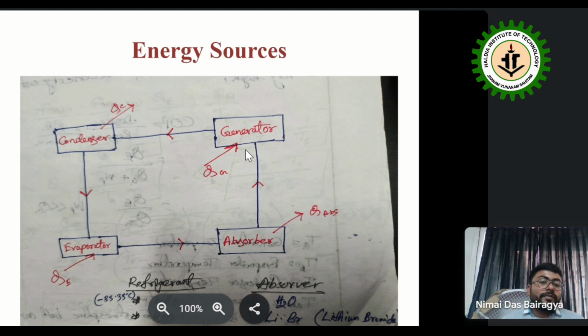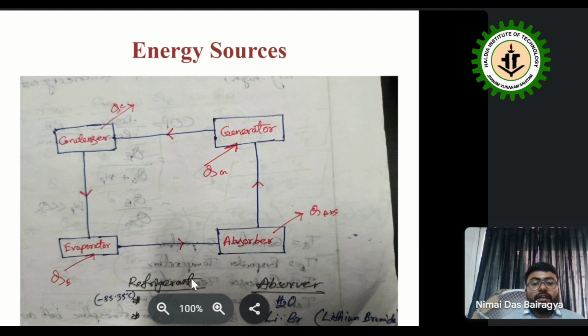We said previously that an external heat source is used to boil the solution in the generator, that's why heat is also absorbed in the generator. And the condenser. We said previously that in the condenser the refrigerant gas rejects heat, that's why the condenser rejects heat to change its phase from vapor to liquid.